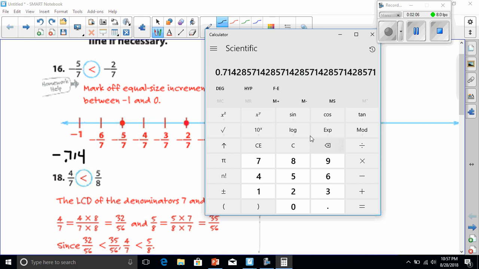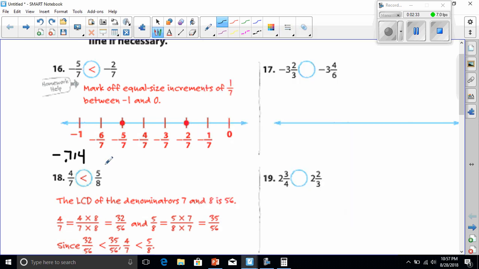Make sure the calculator is operating correctly here. We're going to have 5, negative, divided by 7 equals, there you go, -0.714. Now let's take the other one, -2 divided by 7. That is going to equal -0.28.